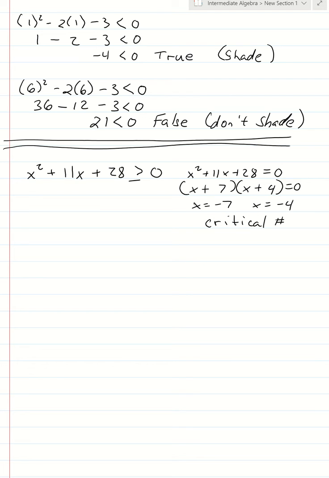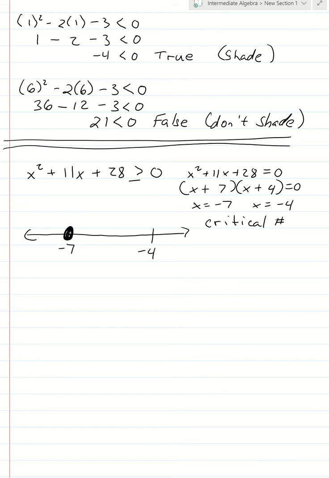Now, once again, we have to take those critical numbers and put them on the number line. Here's negative 7, and here's negative 4. And then we have to look at the inequality symbol. The inequality symbol will tell us what we're going to put on those critical numbers. And because it's greater than or equal to, that means we have to have a closed circle.